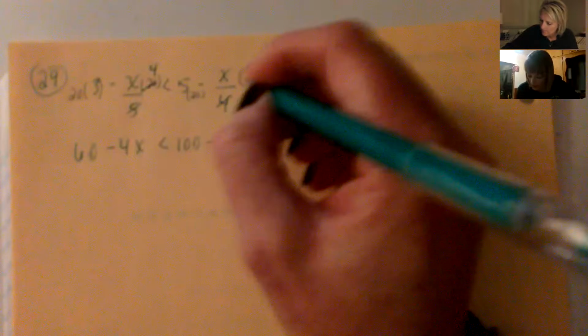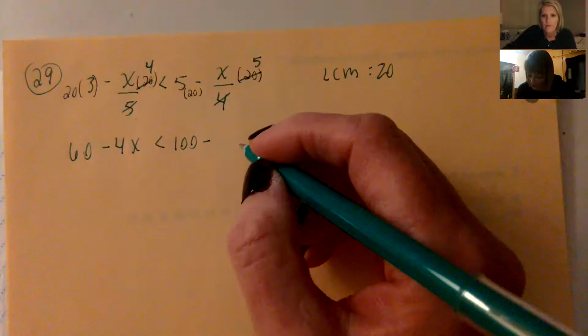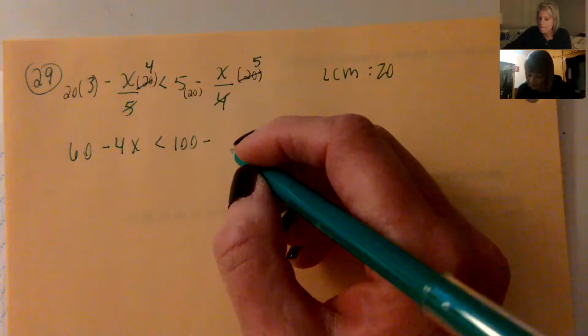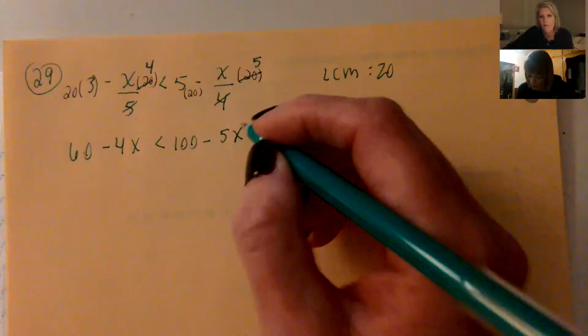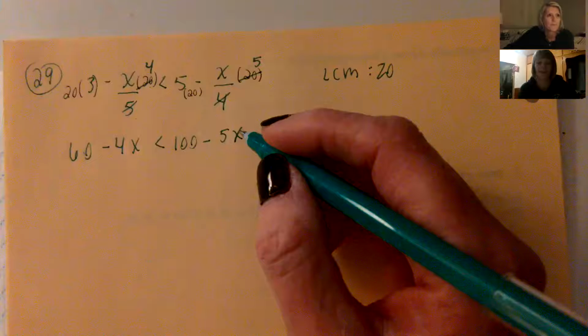And then 5 times 20 is 100. And 20 divided by 4 is 5, so 5x. I know the wording sounds kind of weird. It does.